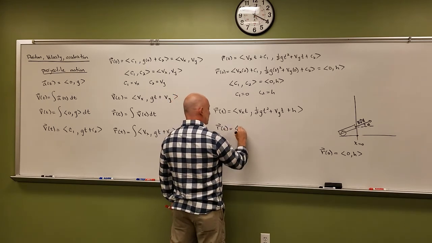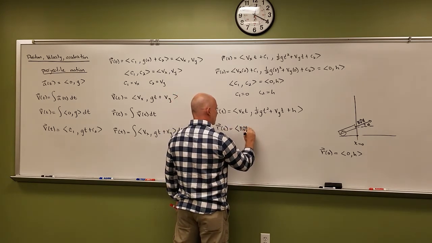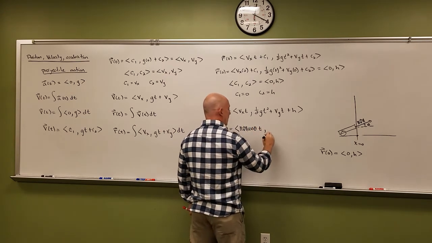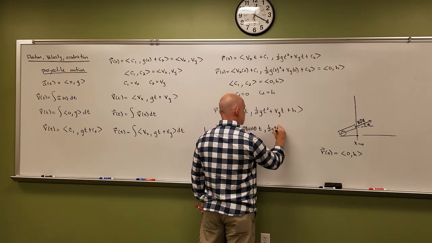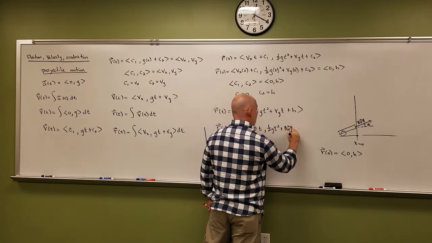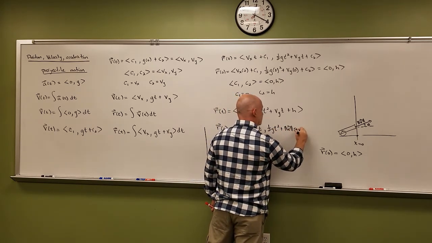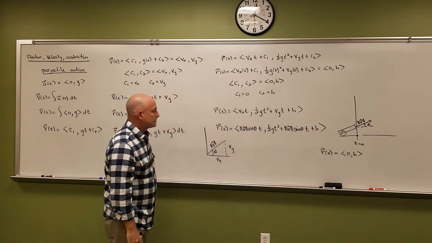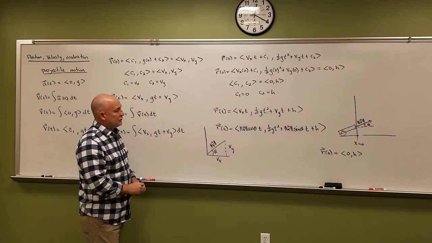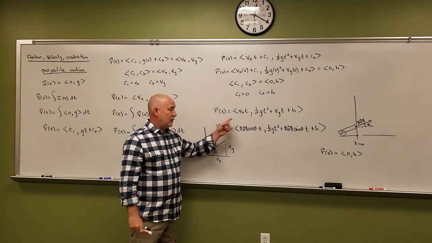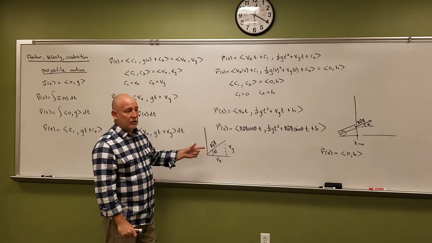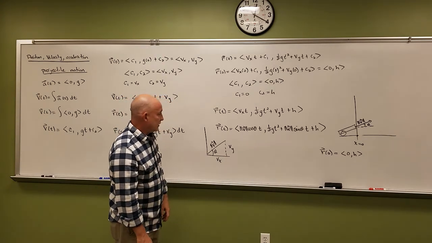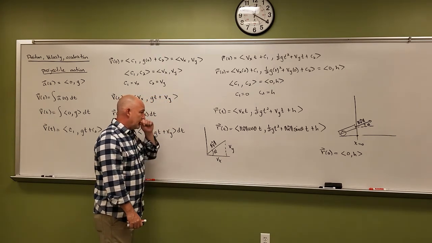The x component is the magnitude of the velocity times the cosine of the angle, times t, and the y component is negative 1/2 gt squared plus the magnitude of the velocity times the sine of the angle, times t, plus whatever initial height it started at. All right, this is the position function of a projectile, as long as we're ignoring things like wind velocity and coefficients of friction and a few other things that we'd have to worry about.